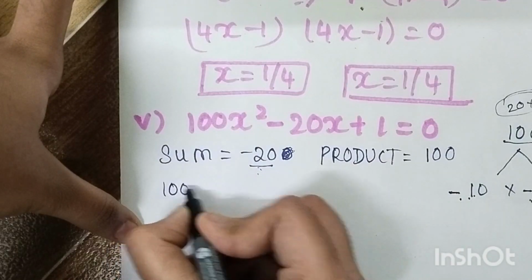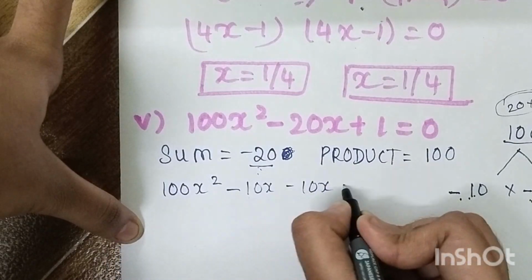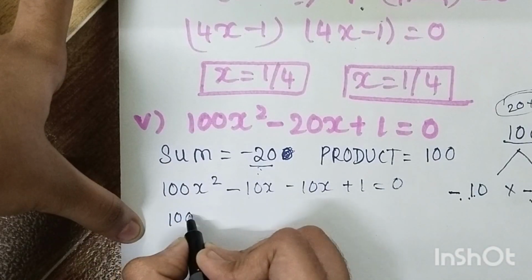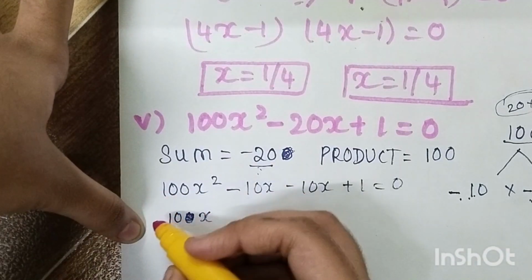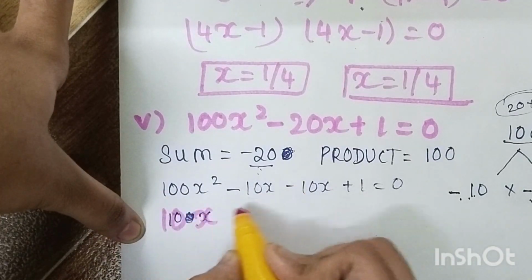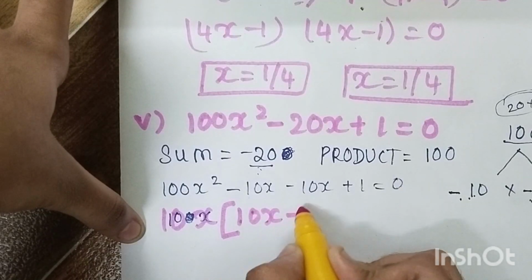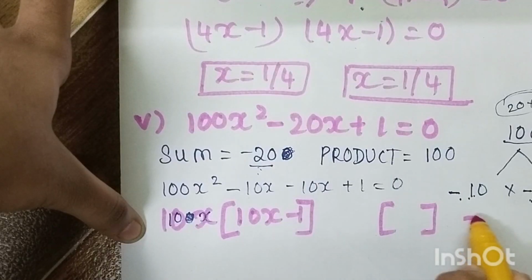So I'm going to write 100x² − 10x − 10x + 1 = 0. If I take 10x as common out, I'll get 10x − 1, and here also my bracket should be the same, right?